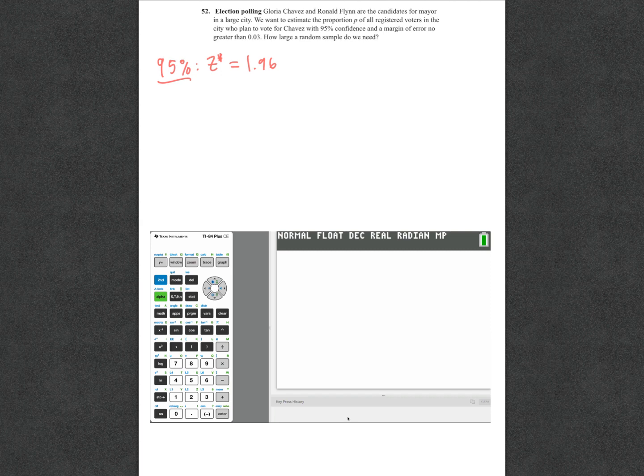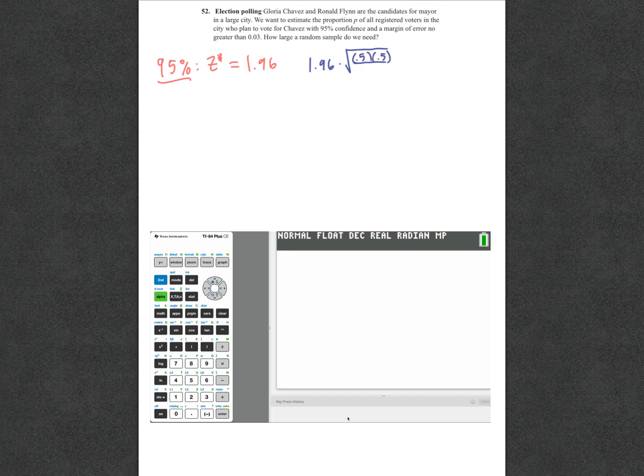Okay, and then we want the margin of error now to be within 0.03. So we'll do the same thing we did last time. We want our margin of error, which is our critical value, z star, which was 1.96, times our standard error. We'll do 0.5 times 0.5.